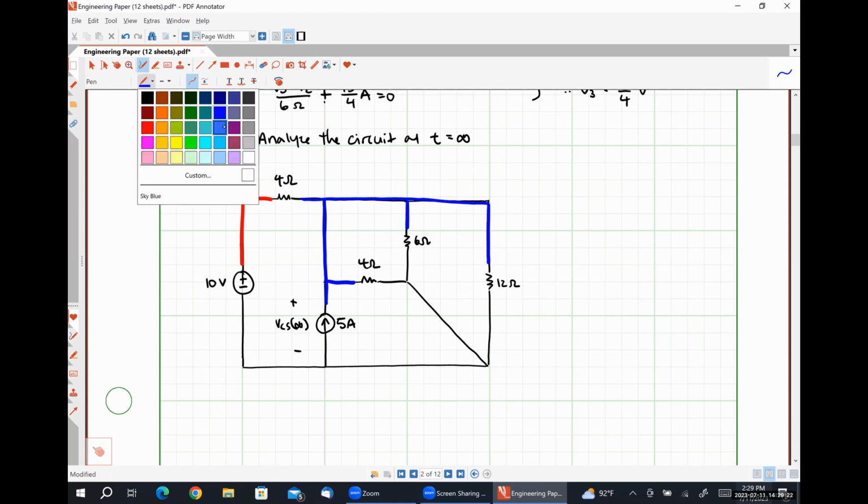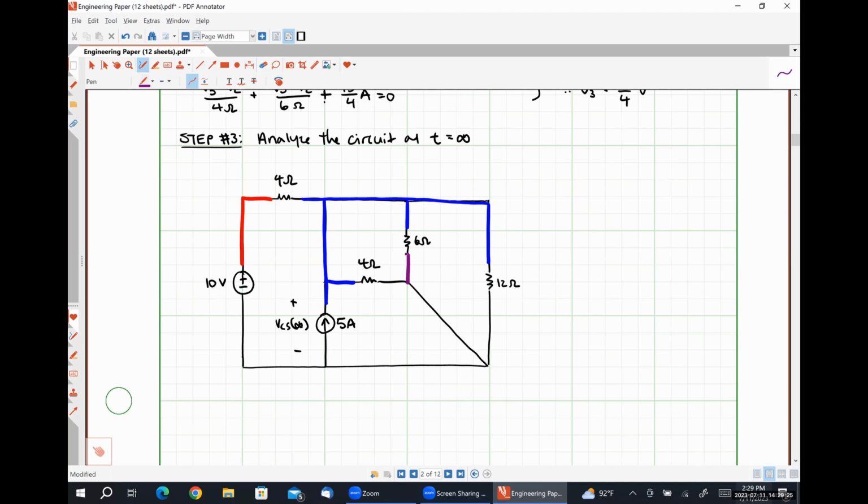Two. And 3. So this looks like we're going to have a 2x2 system. Choosing the bottommost node as my reference. Here is V1 and here is V2.